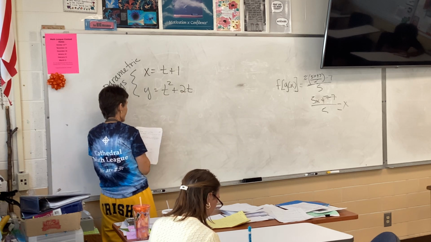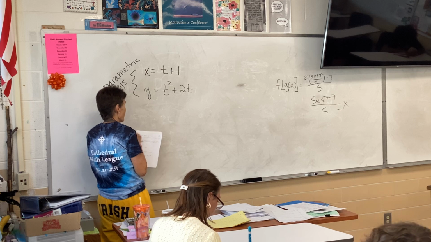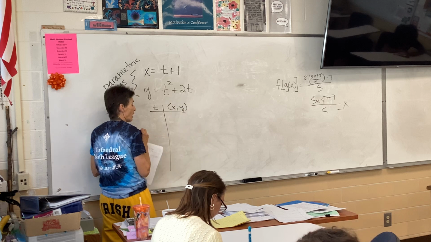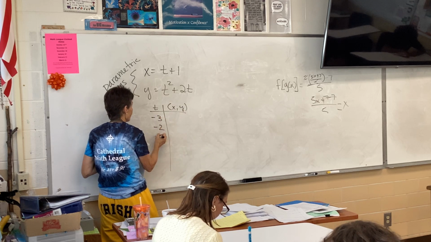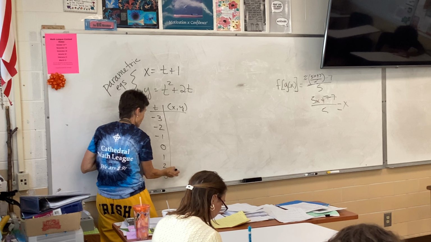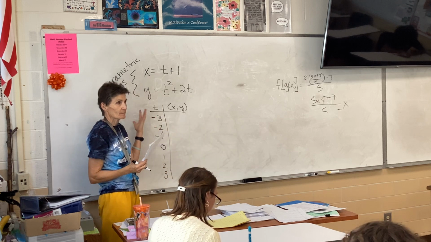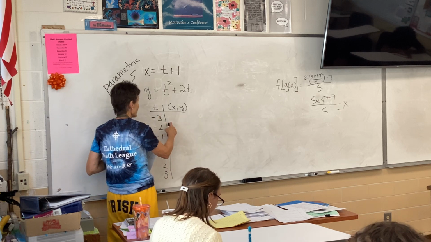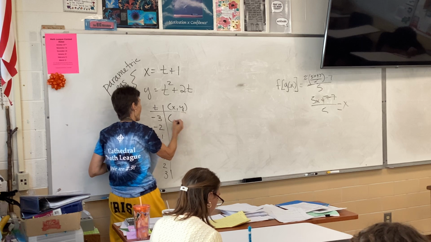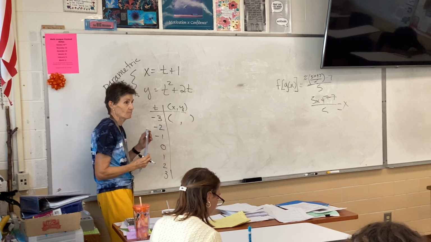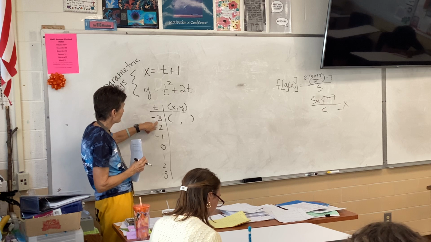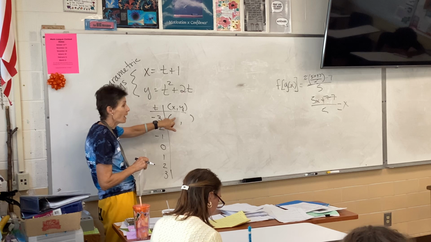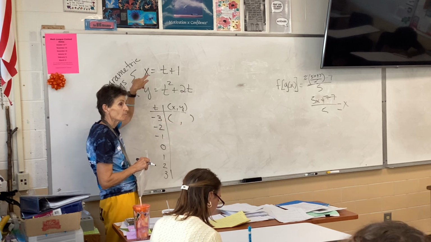The first question says, find the points determined by these t values. Now, you can set this up however you want. To keep myself organized, I'm going to set it up in a t-chart, just like I've done when I'm figuring out points by y. But this time, I'm not figuring out just an x or just a y. This time, I'm figuring out both. And guess how I'm going to figure out my x and my y if t is -3? Plug it in.